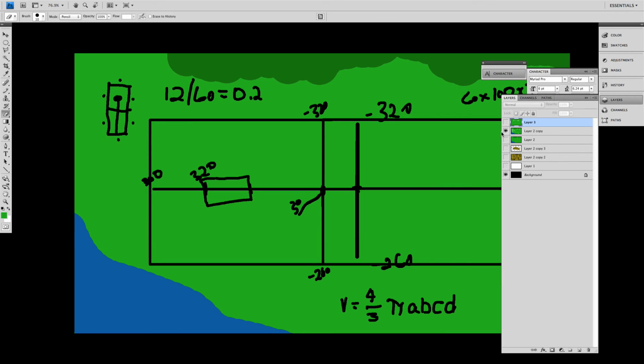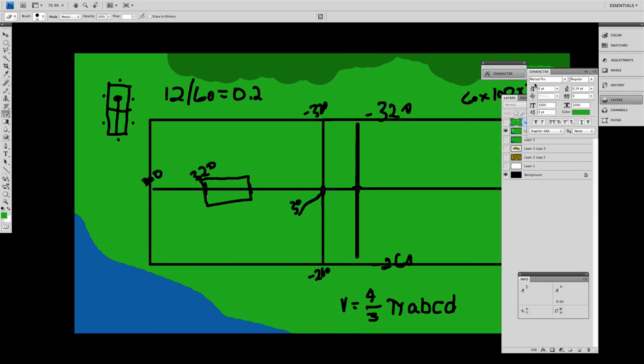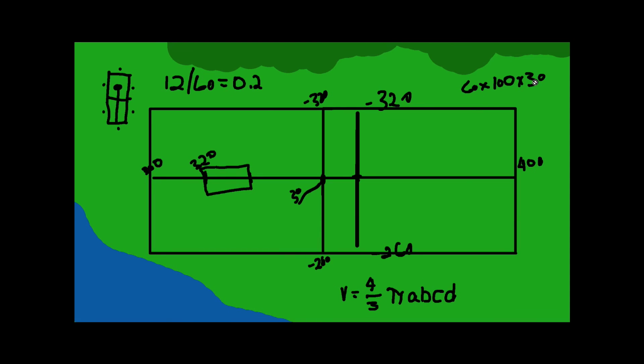So when we look back here, I've got 30 blocks tall. When we do this, remember we're going to take these values and find the radius. So it's actually not going to be 60 by 100 by 30 that we use.